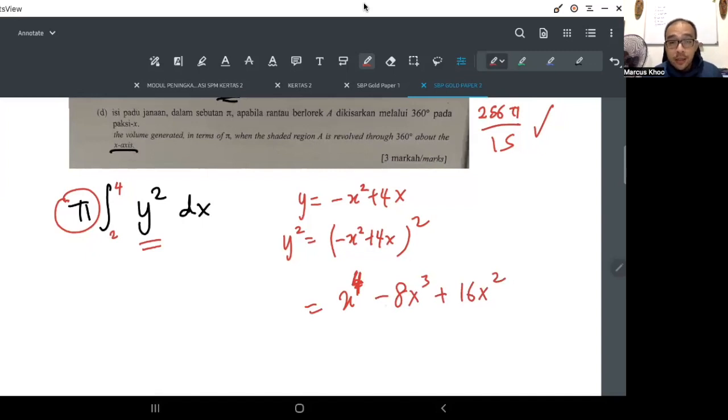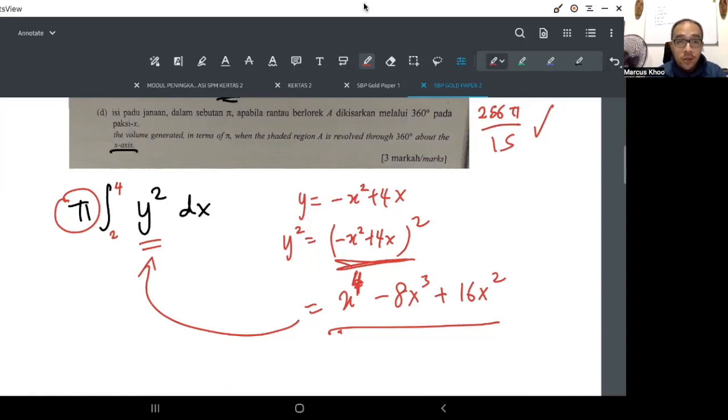This is what happens after you expand it. So this is what you substitute in here. And then after you integrate, yes, you will get x to the power of 5. Don't worry, because after you substitute the 2 and the 4, the numbers will resolve themselves when you use the calculator. So don't worry about it.